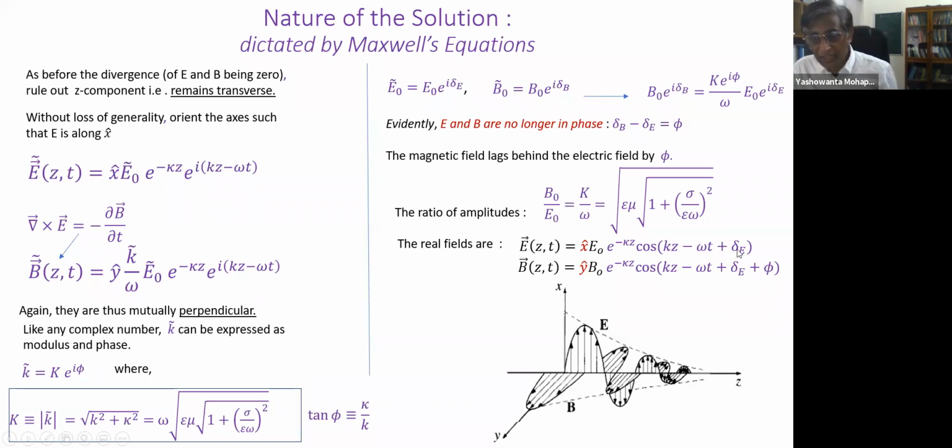Okay, so this is also a phase constant. We can set it to 0 depending on where we choose our origin, but this phi difference will always still be there. Okay, that is the way we've written down the real fields inside the conductor.